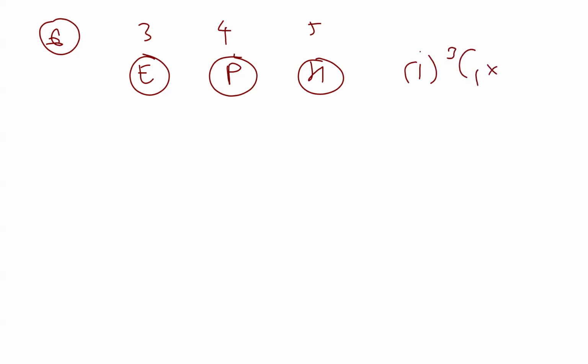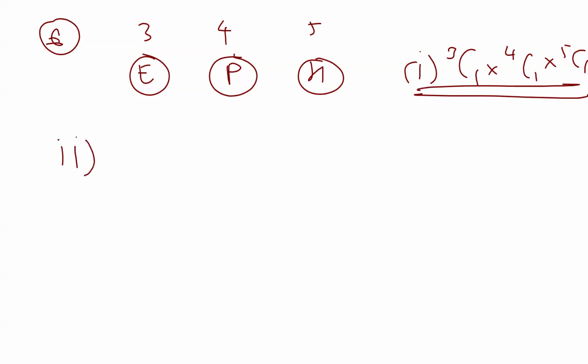This can be 3 different books on eco, 4 different books on political science, and 5 different books on history. So we need to make the selections in such a way that there will be exactly one on each subject. The first answer is pretty straightforward. 3C1: out of 3, we need to select anyone, and from 4, we need to select anyone, and history, from 5, we need to select anyone. This is the first answer.